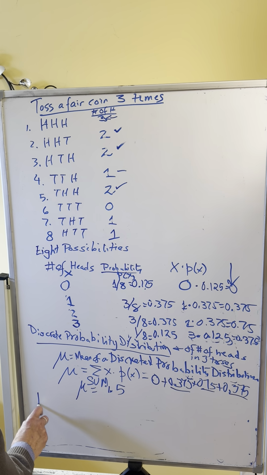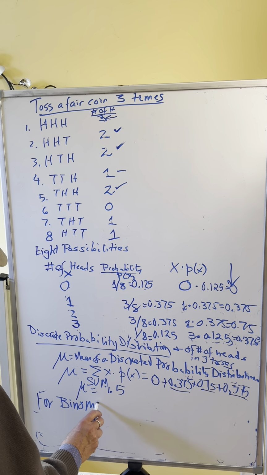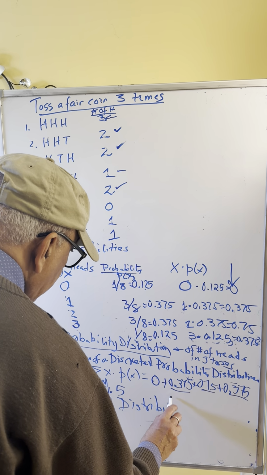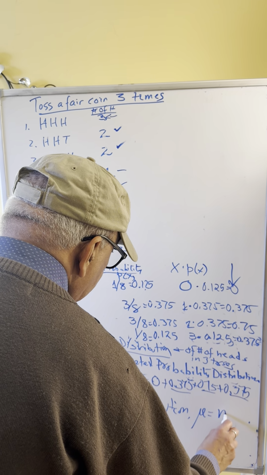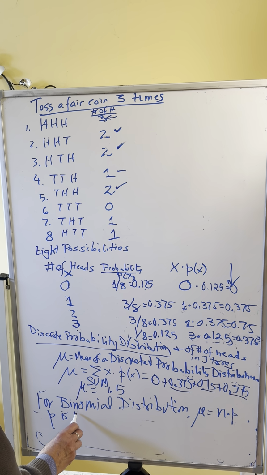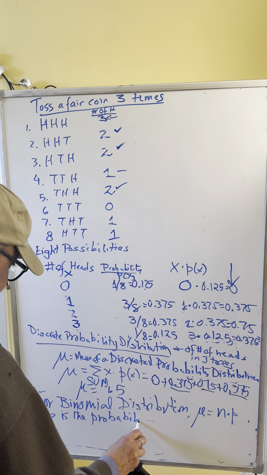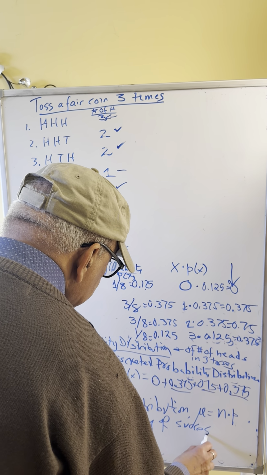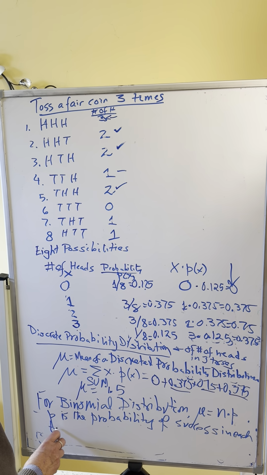Actually, for a binomial distribution, the mean is given by n times p. What is p, you ask? p is the probability of success in each trial. Now in this case, we are tossing the coin.